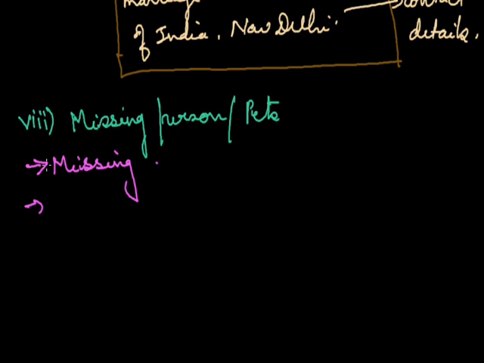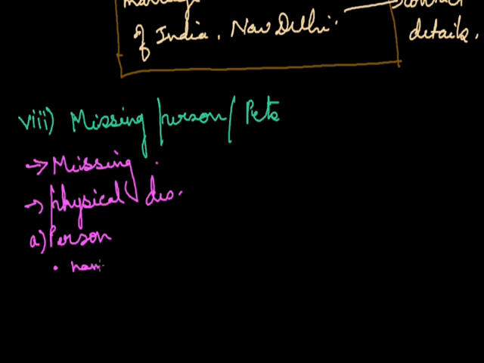Second is to give a physical description. If I talk about a person, then you need to provide name, age, height, complexion and build.